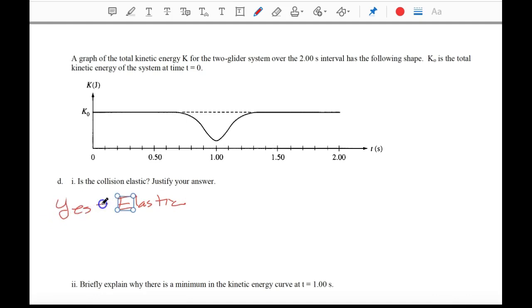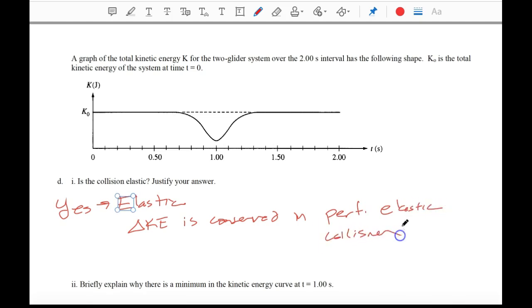I would just put yes and then an arrow and say yes, it is elastic. And we know that the change in kinetic energy is conserved, okay, in a perfectly elastic collision. So that's why it's got to be perfectly elastic.